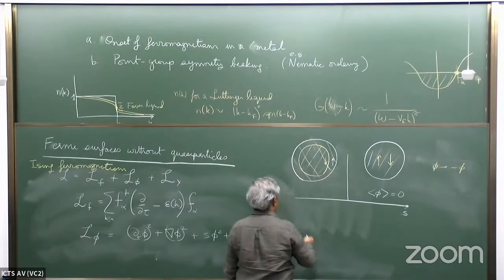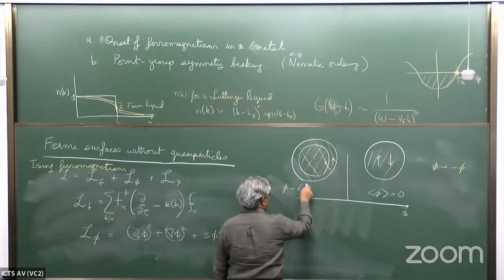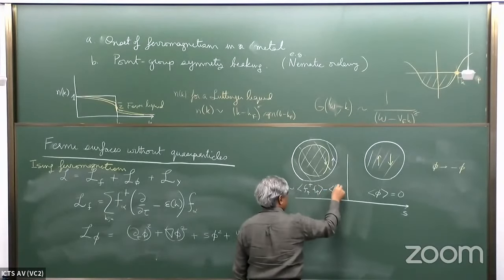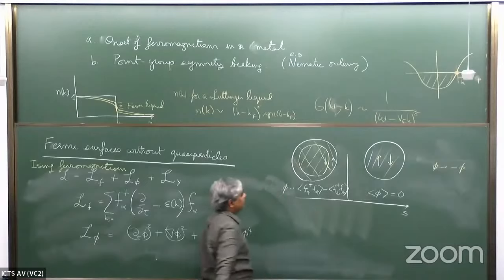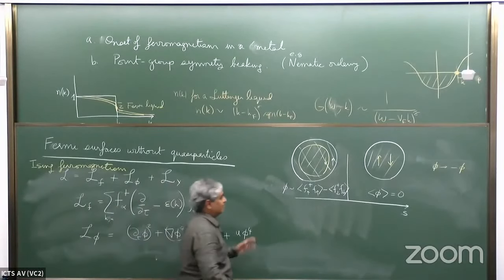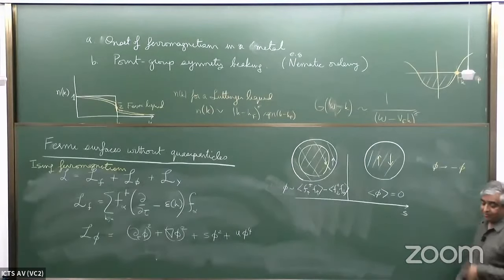So my order parameter phi is something like the number of up spin fermions minus the number of down spin fermions. Okay. So both of these states, when you study them, are Fermi liquids with quasiparticles.